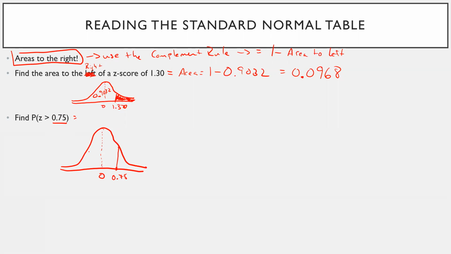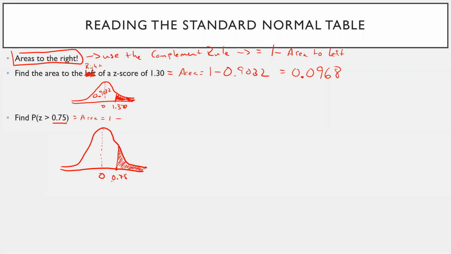I want to be greater. I'm going to shade to the right, like this. Okay, so I want to find an area to the right now. I want to find this red shaded area. Okay, so this area here is equal to 1 minus the area I look up for this.